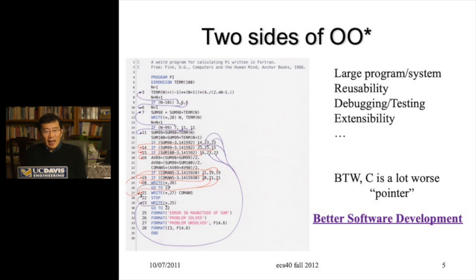And because of that, it's really hard for us to reuse pieces of code as well, because software development is very expensive. I would like to use code developed by others, but if the structure of the code looks like the code on the left, then I probably cannot reuse it. I probably have to redevelop everything myself.